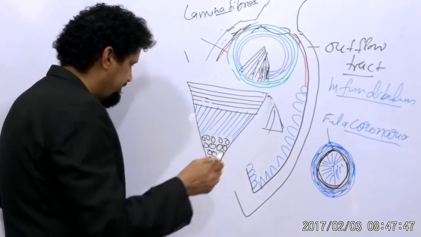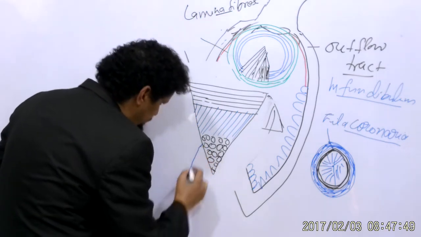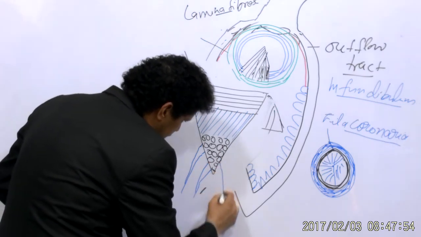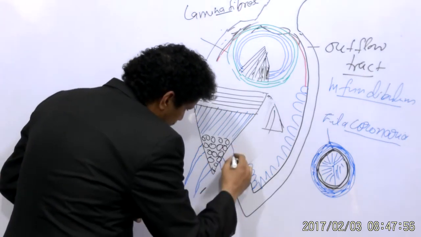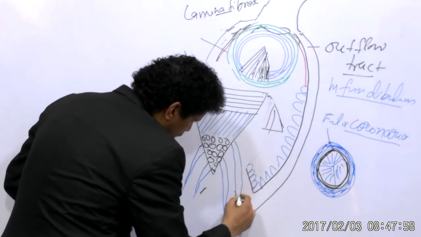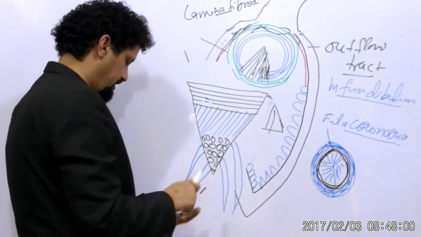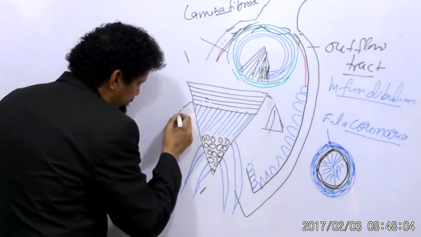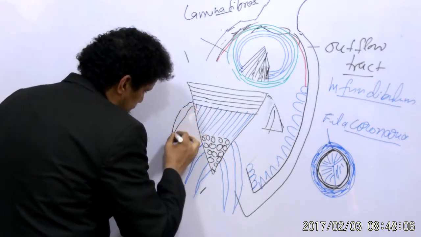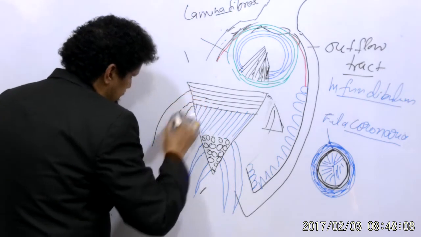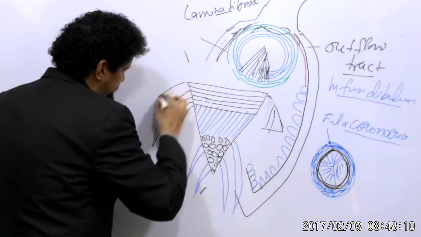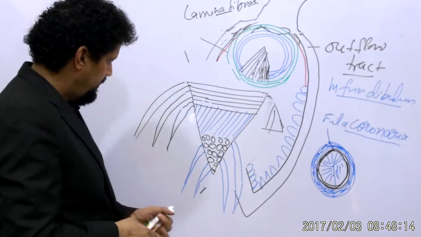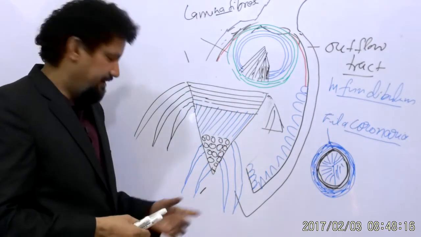So these are held by some cord like structures. These cords are connected to the wall of the ventricle or some muscle fibers known as papillary muscles. So these are the chorda tendini.